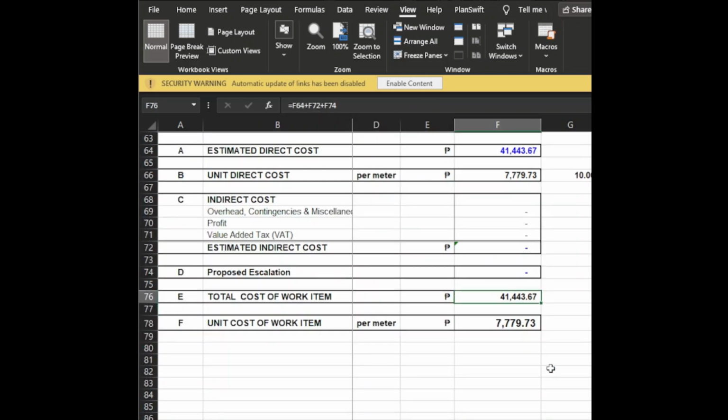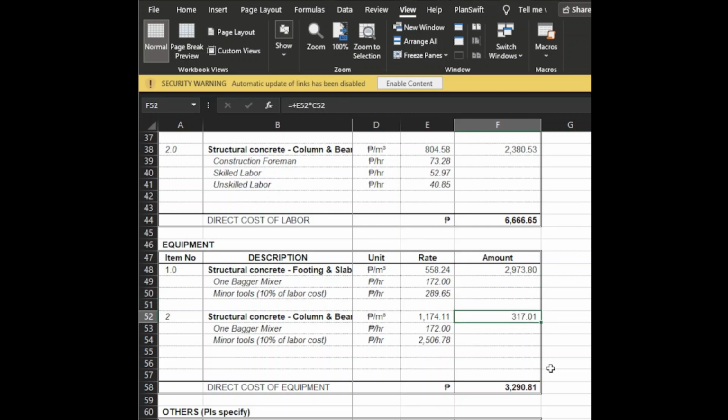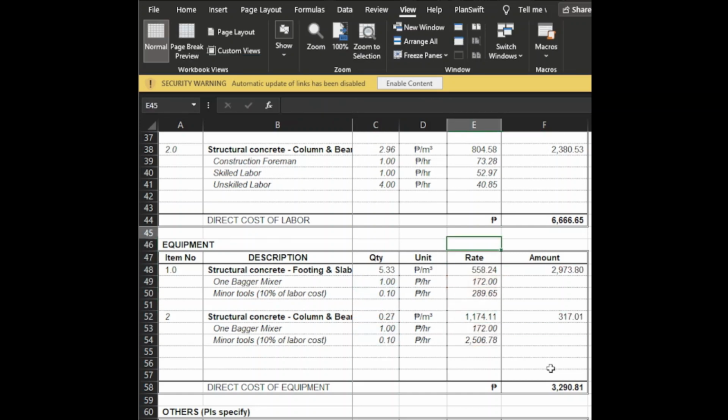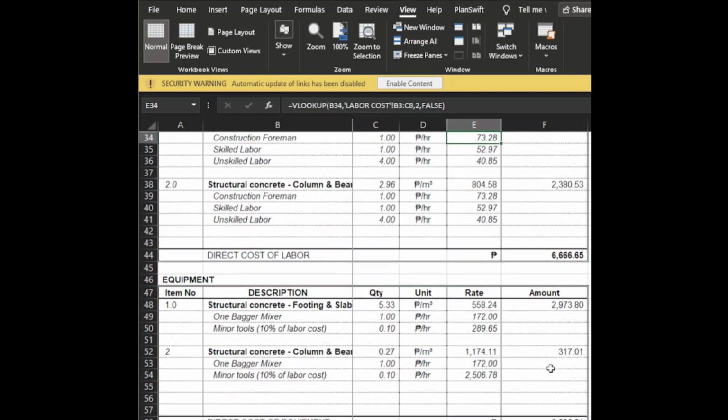So this one also, wait, there is a difference. Wait, guys, there is some problem. Why is there a problem from this one?